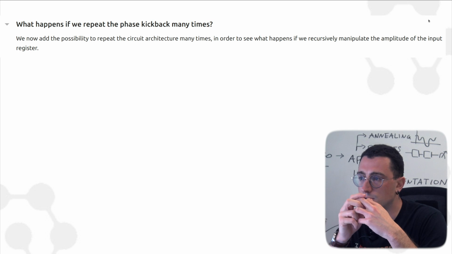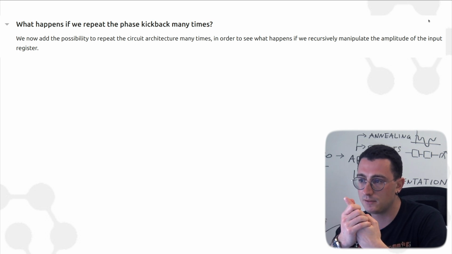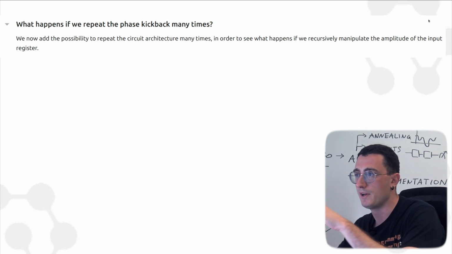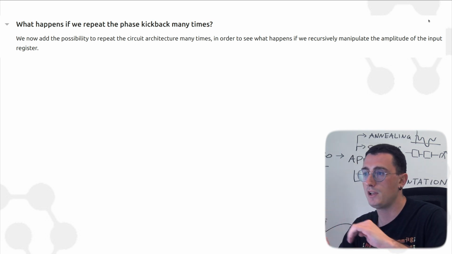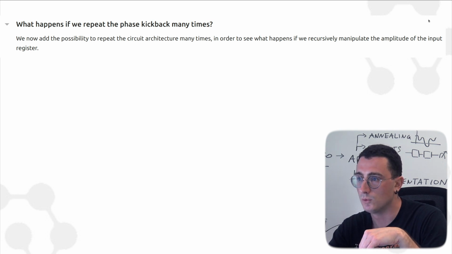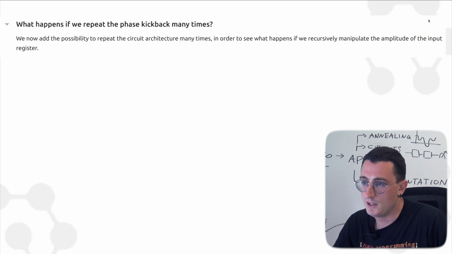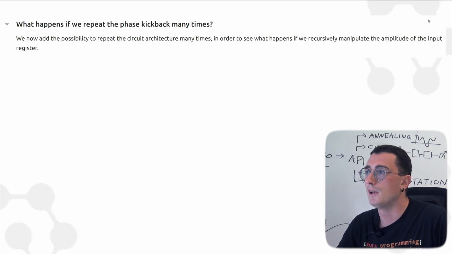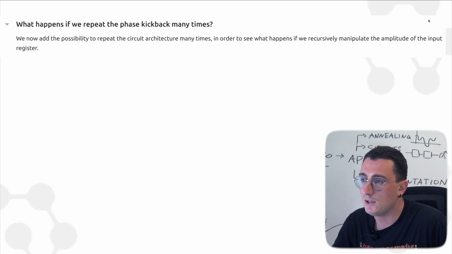So the idea is now to say, okay, if with one phase kickback trick I can move part of the 0,1 amplitude to the 1,1 amplitude, now if I repeat it maybe 2, 3, 4 times, what happens? Maybe I move more of 0,1 into 1,1? The answer will be yes, as you are going to see in some minutes.